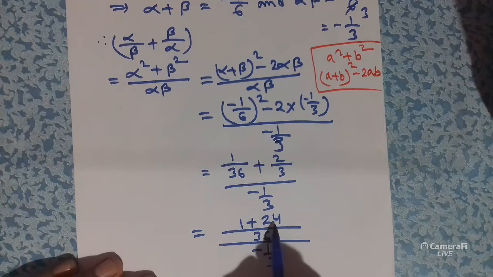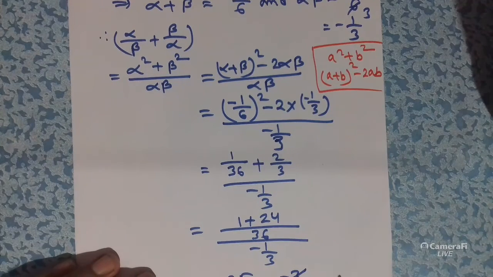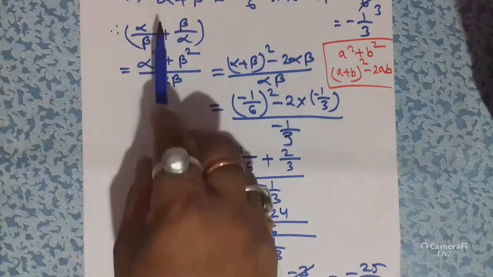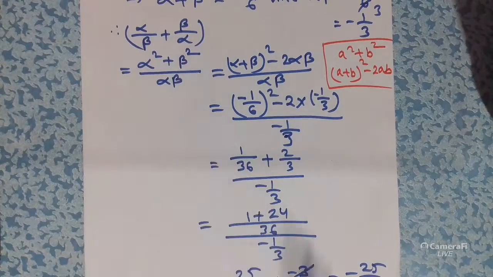Now 1 plus 24 is 25, so 25 by 36 multiplied by the reciprocal, minus 3 by 1. Now it will be minus 25 by 12. So the value of alpha by beta plus beta by alpha is minus 25 by 12.